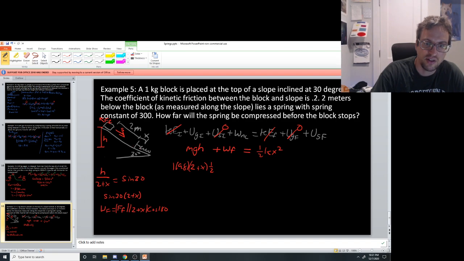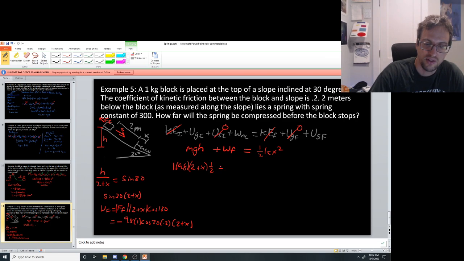Even though it's hitting the spring, it's still rubbing against the ramp there. And force of friction we know is 9.8 times 1 times cosine of 30 times 0.2, all that times 2 plus x.